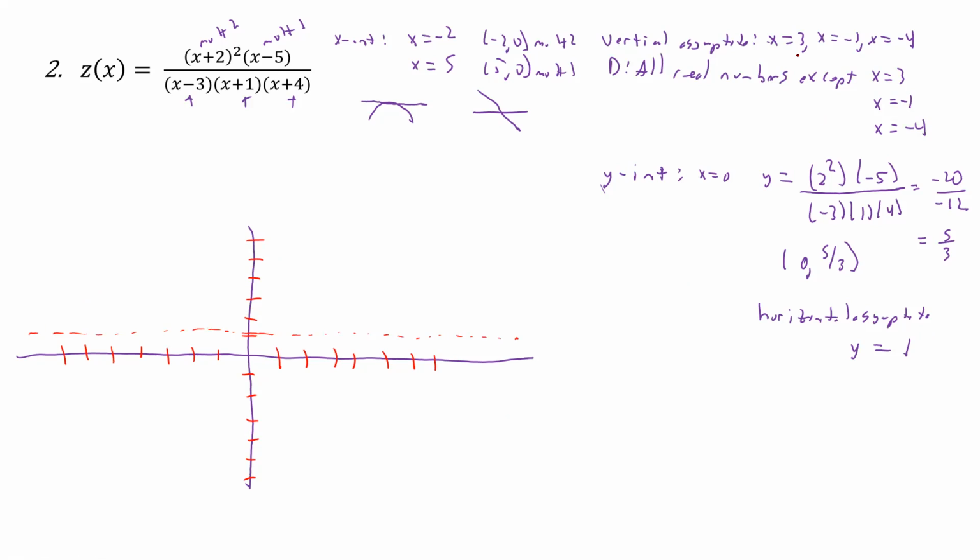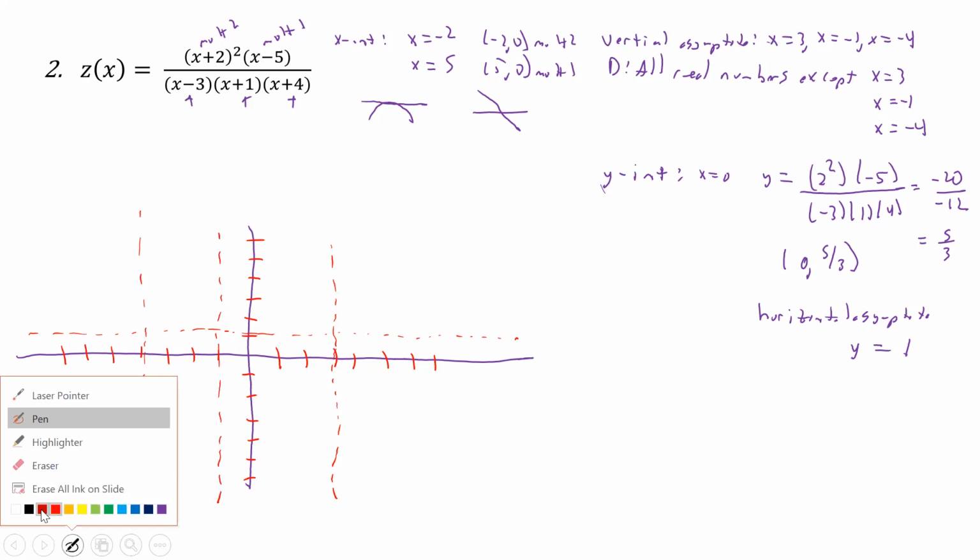Vertical asymptotes x equals 3. X equals -1, and x equals -4. So that's 1, 2, 3, 4. All right, kind of roughly done there. Now we have intercepts. -2, 0.